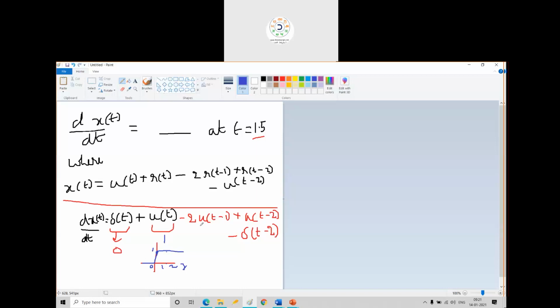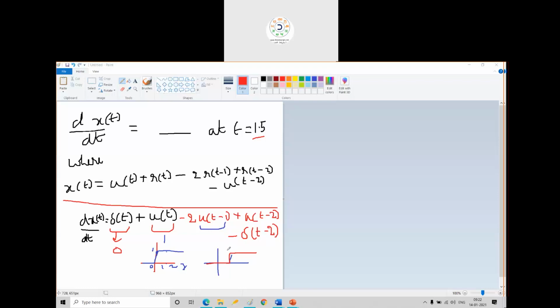Then u of t minus 1 is there. u of t minus 1 means it will start at 1. Till 1 its value is 0, and from 1 its value becomes 1. That is your u of t minus 1.